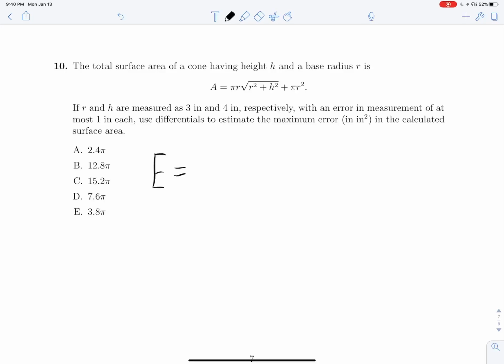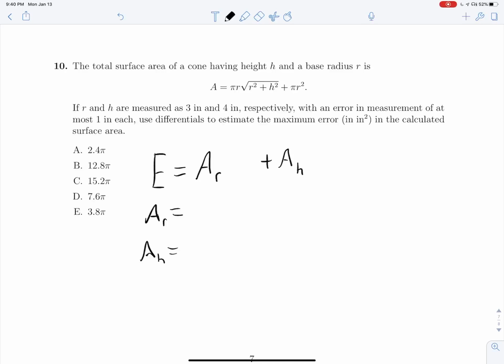So we have this error function, and this error function is made up of AR delta R plus AH delta H, where these delta R's and delta H's are the possible changes, so the maximum error in measurement, and in this case, that's 1 for each of them. We're told that right here. And then these ARs and AHs are just the partial derivatives of A with respect to R and H. So let's find those. AR and AH.